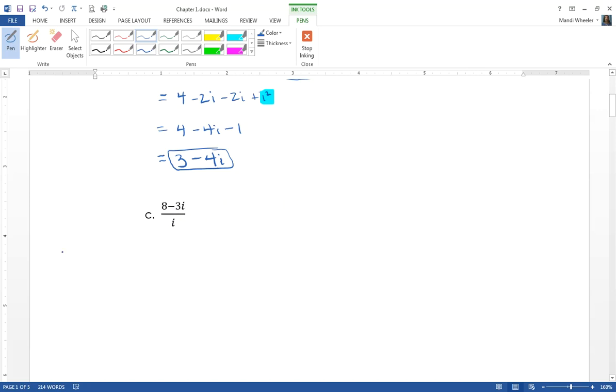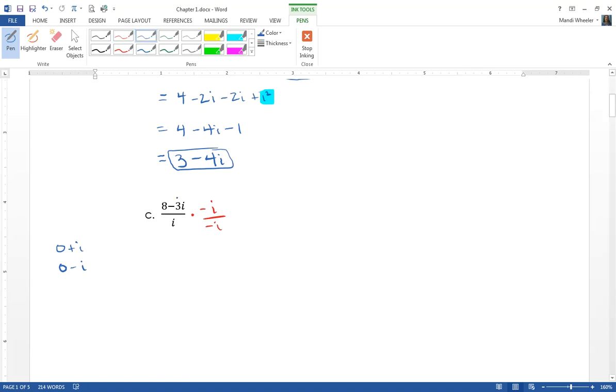Well, another way that we could write i is 0 plus i. And so the conjugate of 0 plus i is 0 minus i. So what we want to do here is multiply by 0 minus i. Well, 0 minus i is just negative i.